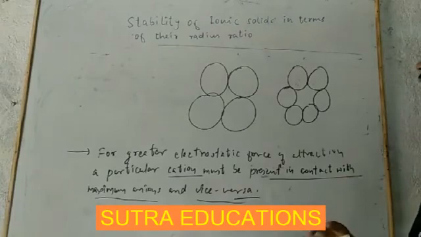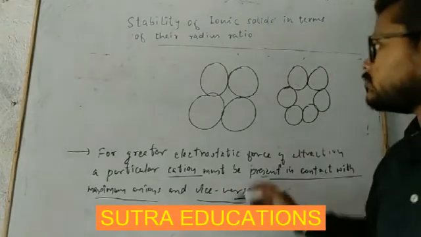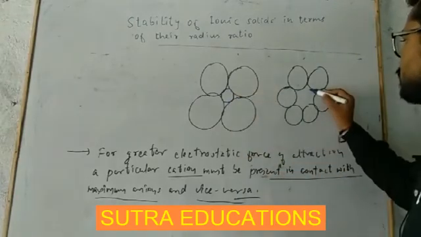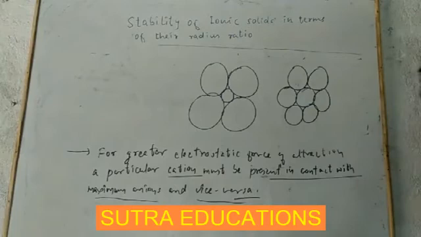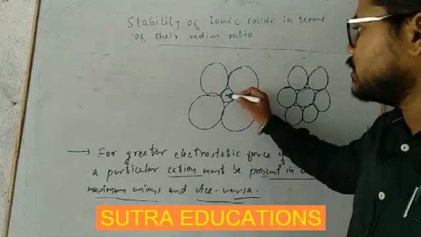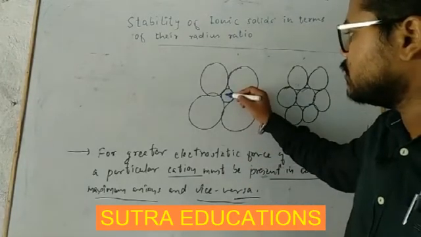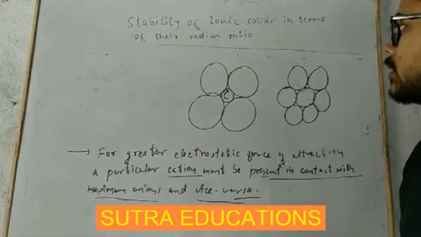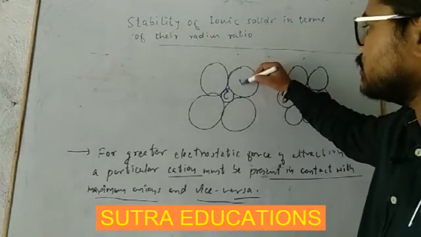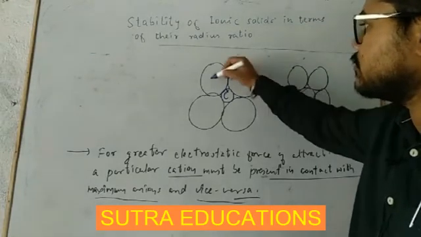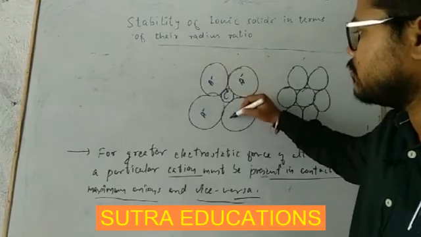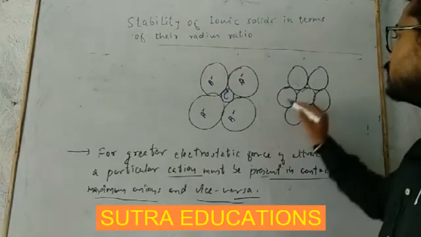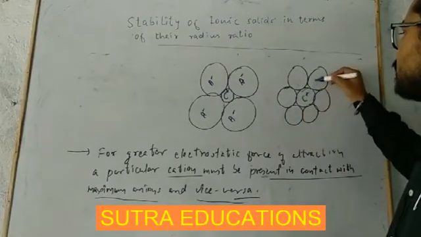In both cases we can see, if it is cation, I am writing it C plus for cation, then all these are anions. And in this figure, if it is cation, then all these are anion.